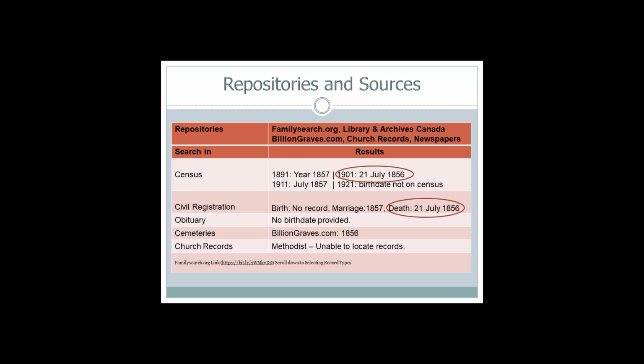Church records. I'm unable to locate church records. Now, when you take a look at my slide, you'll see that I have two dates of confirmation there. I'm totally satisfied with this: the census provided the full birth date of my great-grandaunt, and civil registration confirmed that by again supplying the same date.